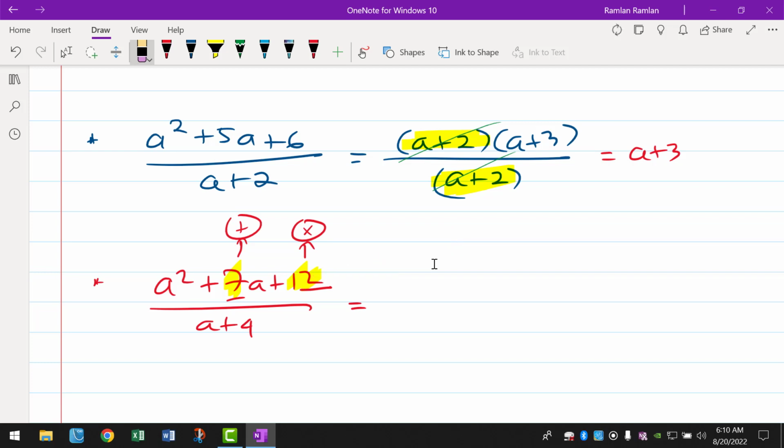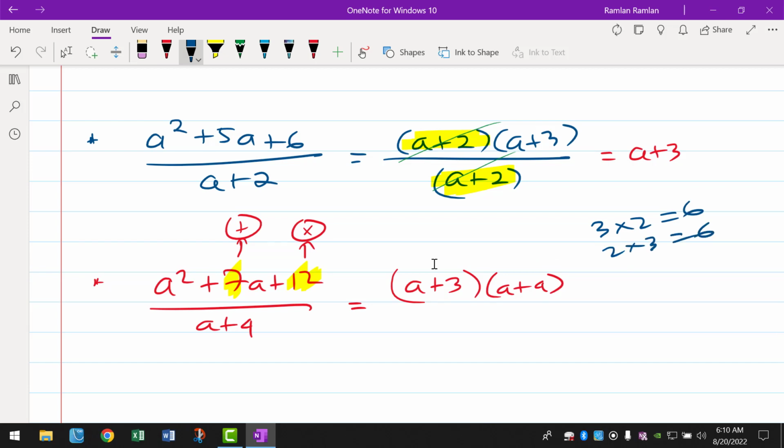So we can factorize this as a plus 3 and a plus 4. You can actually swap them around, for example, a plus 4 and a plus 3. It doesn't really matter because they're being multiplied. The same concept: 3 times 2 is equal to 6, 2 times 3 is also equal to 6, right? So you can put them in front or at the back.